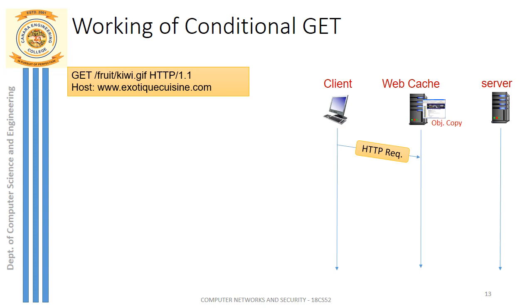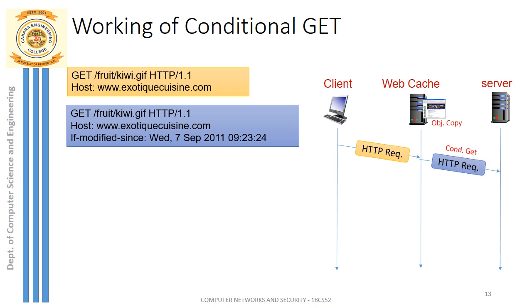In order to check this, the web cache will create a conditional GET. So we will see now how the conditional GET is transferred from the web cache to the server. Here we can see that this is a conditional GET as there is an If-Modified-Since header line included in the GET request.